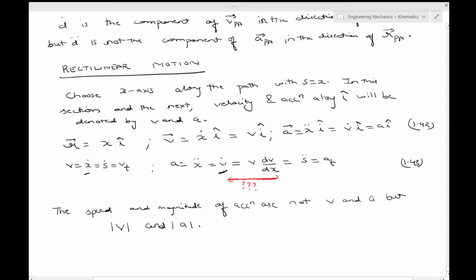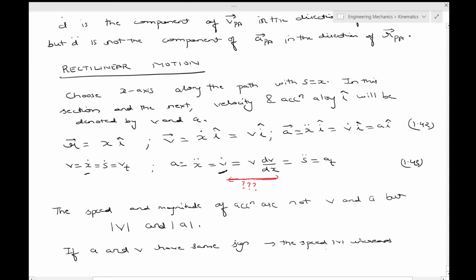So you already know that if a and v have the same sign, then the speed will increase, and if they have opposite sign, then the speed will decrease. That's called deceleration. So if a and v have the same sign, then the speed |v| increases.